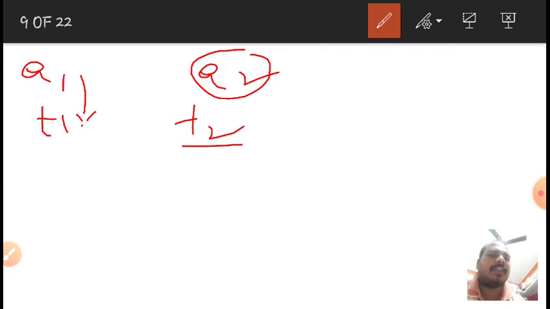That is half life. Half life for a2 concentration is t2.